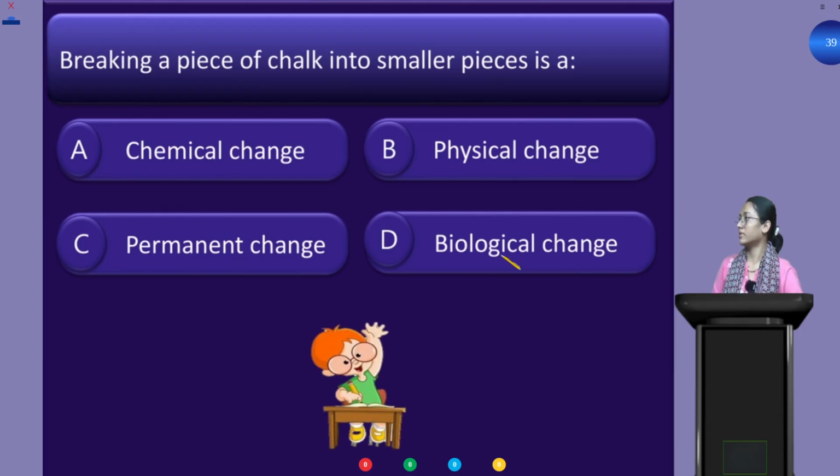We have discussed this just now. What kind of change is breaking a chalk into smaller pieces? Wow, so many of you have given the right answer.